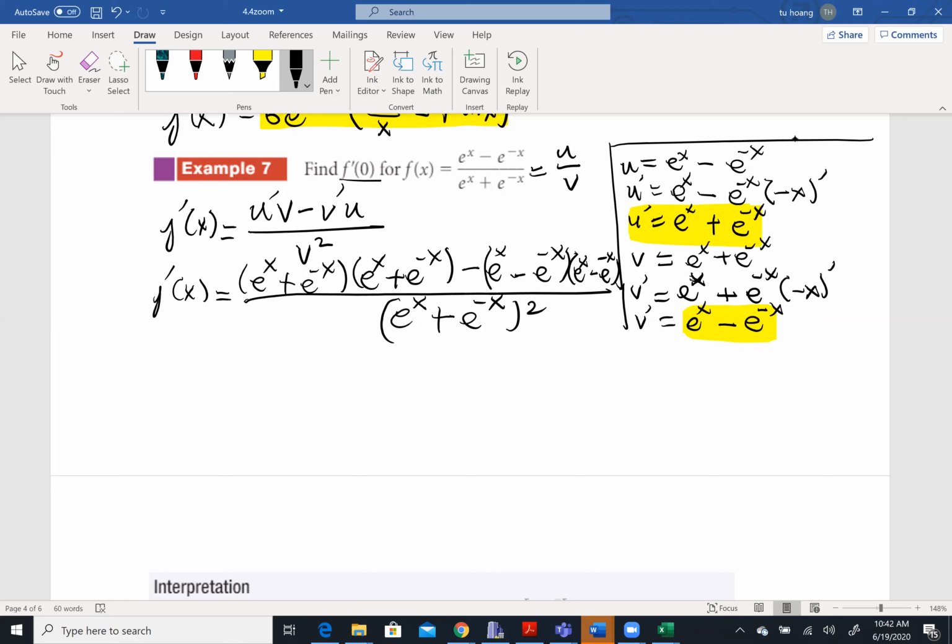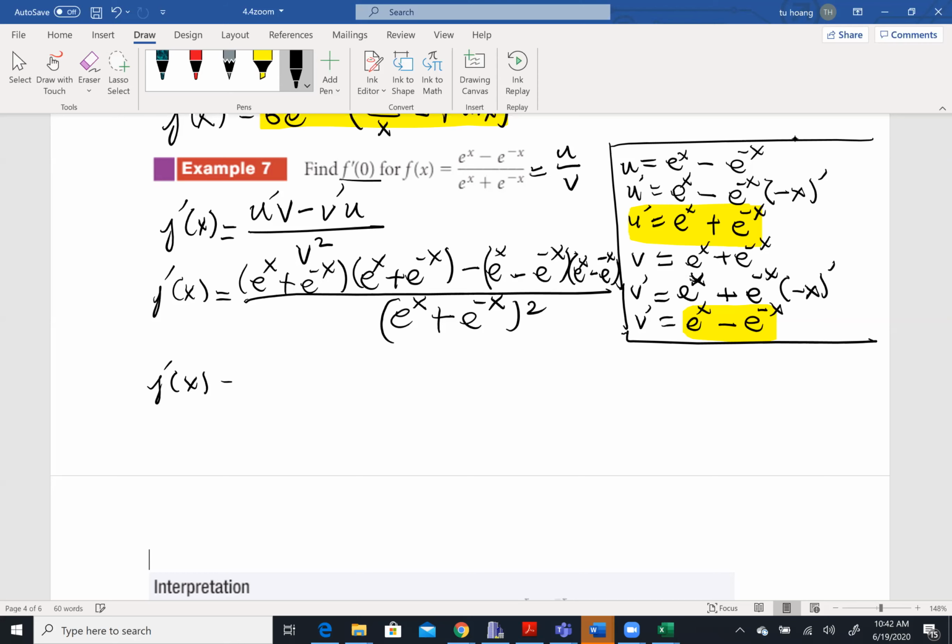I would like to simplify a little bit more, one more step. So I have f derivative of x will be equal to, say, (e to the x plus e to the negative x) square. I don't have enough space, let me move down.